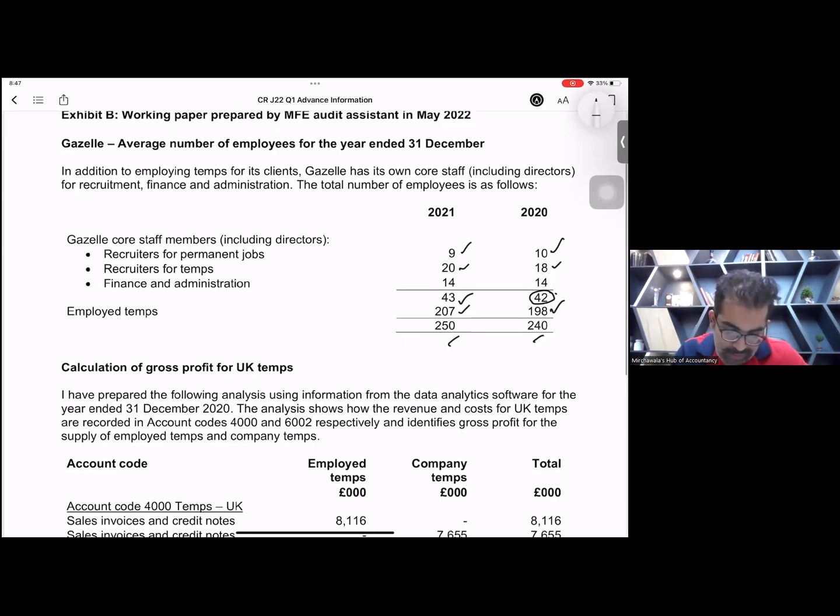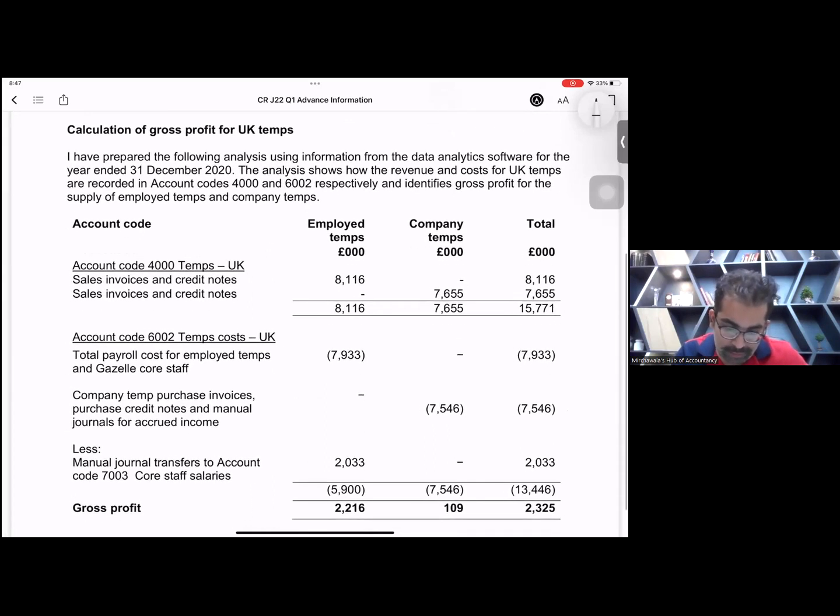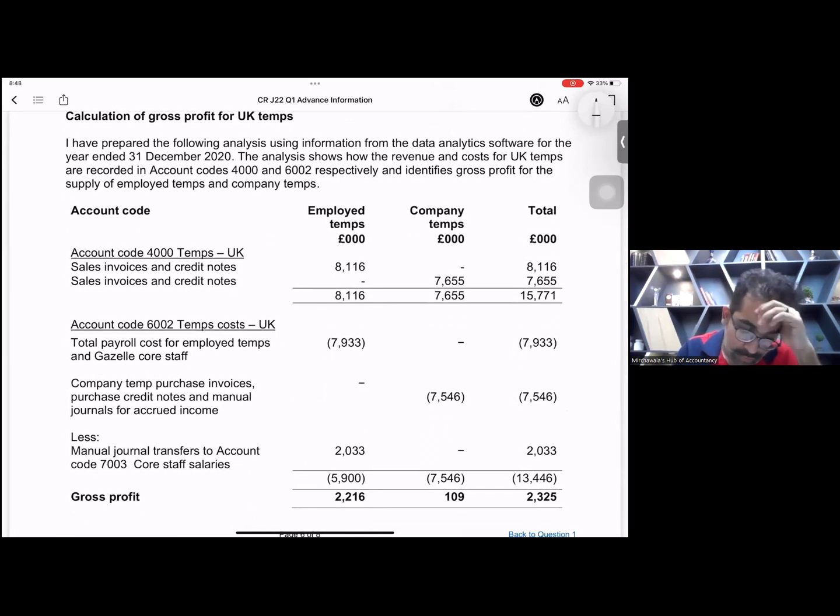Now, next thing, calculation of gross profit. I have prepared the following analysis using the information from the data analytics software for the year ended 31st December 2020, the last year's data.